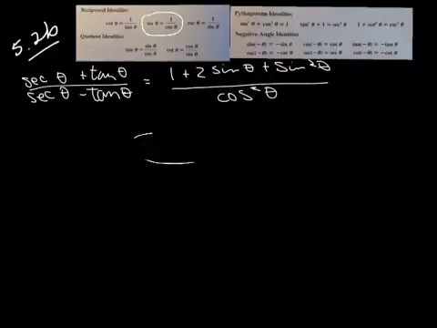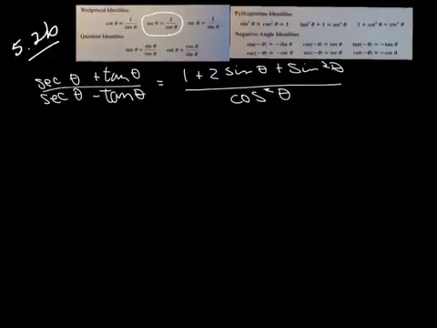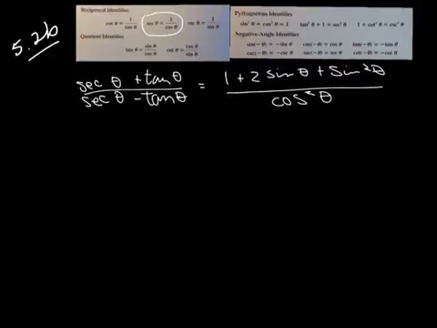So what I'm going to do is move this over a little bit. I'm going to multiply the top and bottom by cosine over here, because that'll give me cosine times secant, which is going to be equal to 1. But I have to distribute.